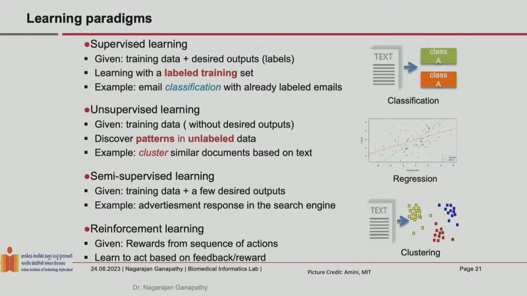The last one is reinforcement learning. It's like you keep on training a player to get better and better so that it will always perform well. Reinforcement learning is an example of improving the player continuously for one particular task.